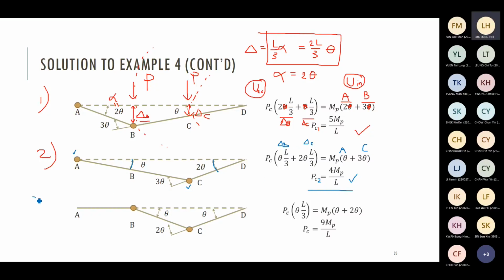The last one, case 3. Case 3, plastic hinges form at point B and point C. So this is the corresponding configuration. Point A is fixed end. And also, we ignore our elastic deformation. If you ignore the elastic deformation, here, just a horizontal portion, there's no bending because you ignore the elastic component.